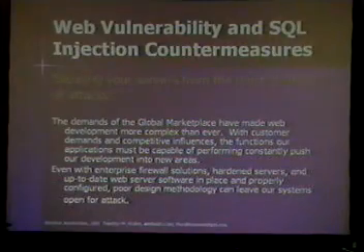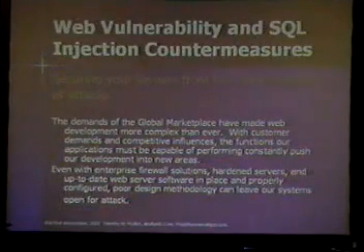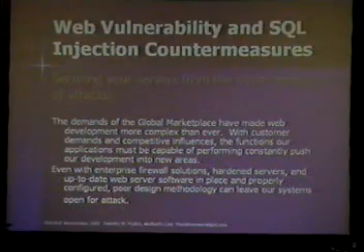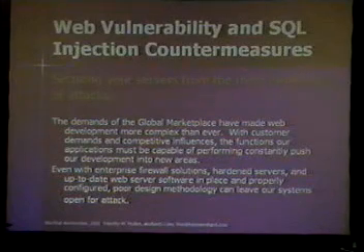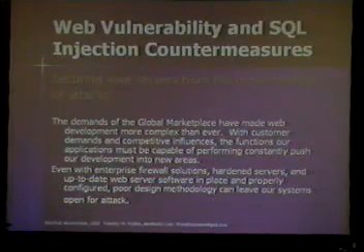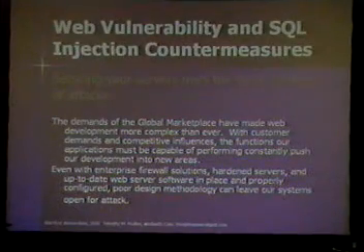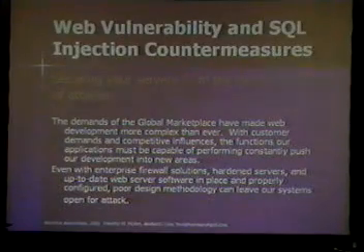Who saw the Foundstone hack yesterday with JD and Glaze? They used some different methods, one of which was SQL injection, to penetrate a system and perform what they called one-way hacking. We're going to talk about some of that too, and how what we do today would stop them from doing what they did, outside of applying the patch, right?